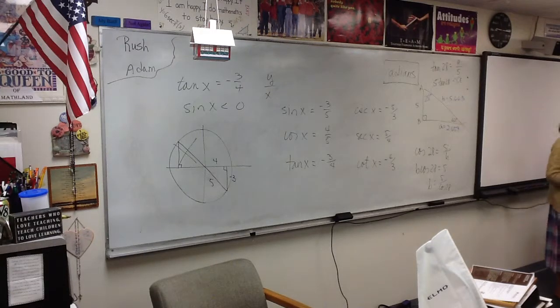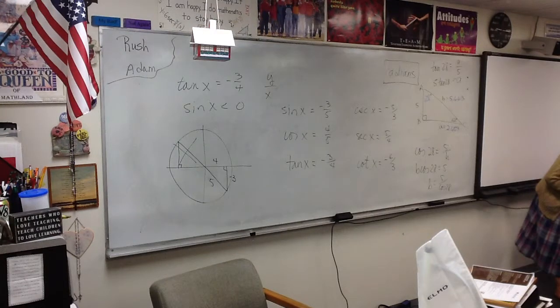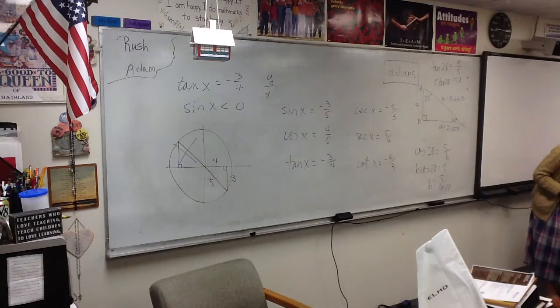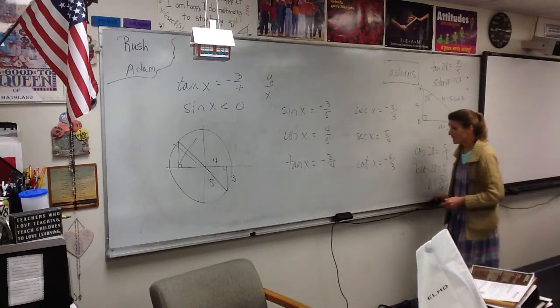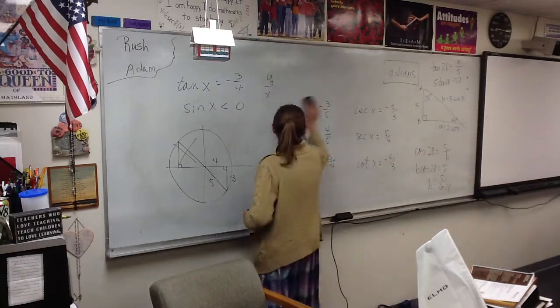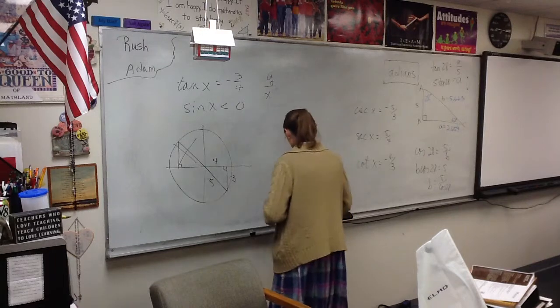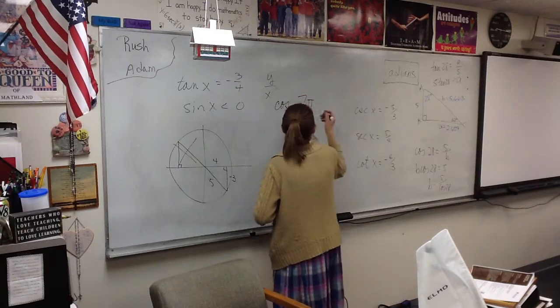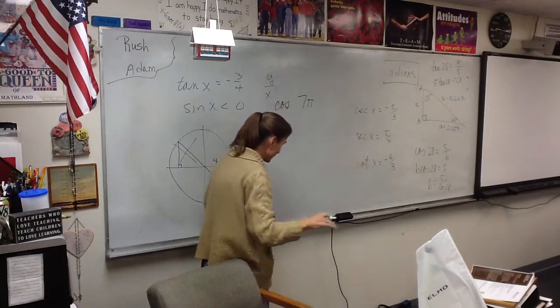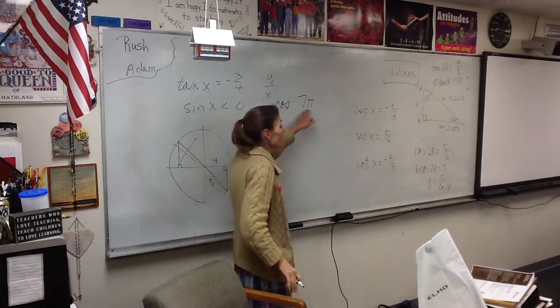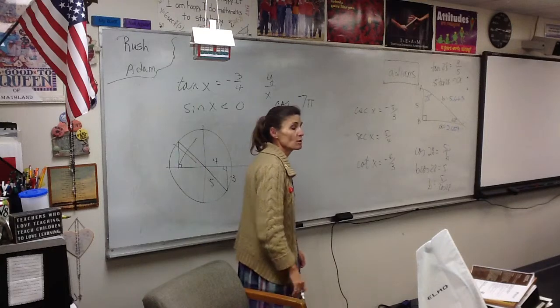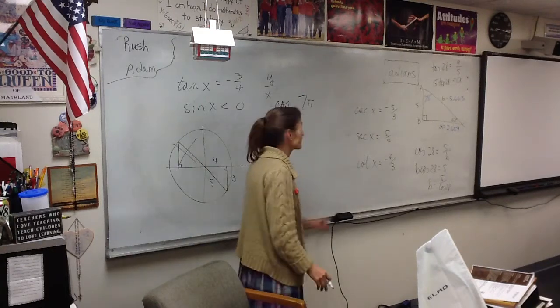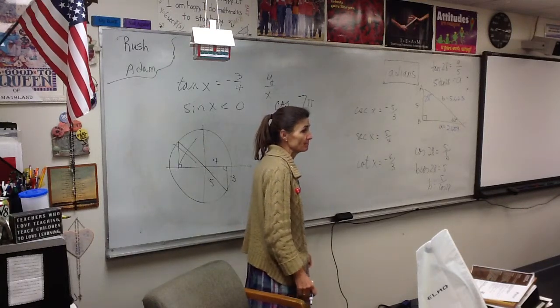Homework question? Maggie? 39. 39 says 7 pi. I want to find the sine, cosine, and tangent of 7 pi. Okay, where's 7 pi, Maggie? 7 pi is more than a revolution. So I'm just going to take out all the extra stuff. How much can I take out of that?